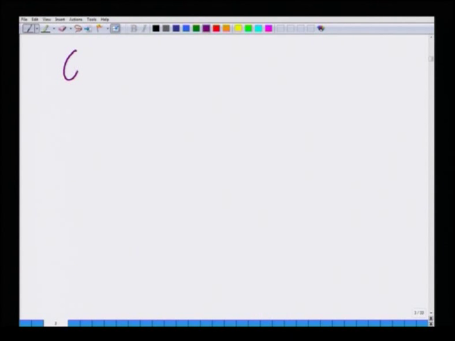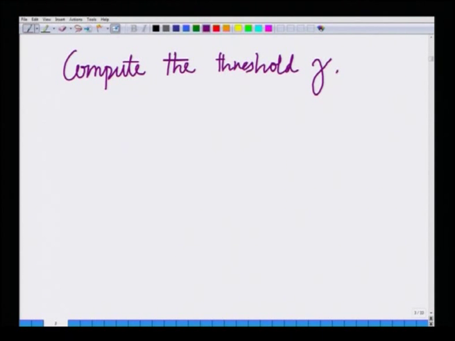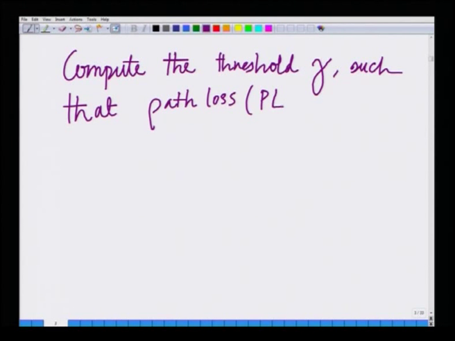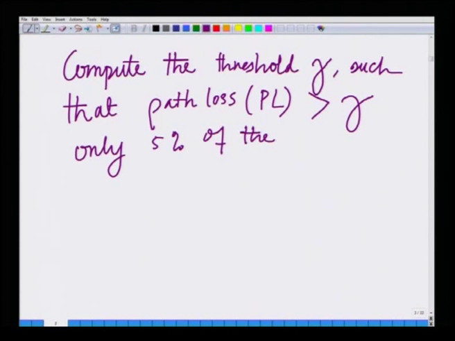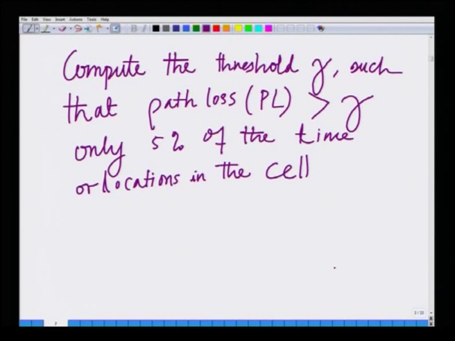So what we want to do is compute the threshold gamma such that the actual path loss PL is greater than gamma only 5% of the time or locations in the cell, which in other words is the same thing as saying 95% of the time or locations it is lower than this threshold gamma.